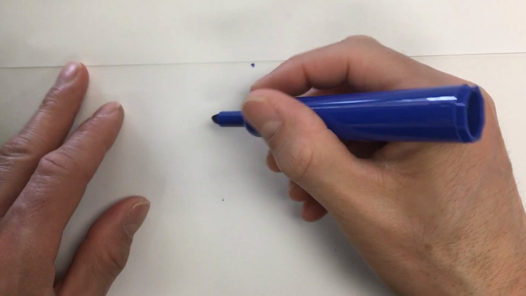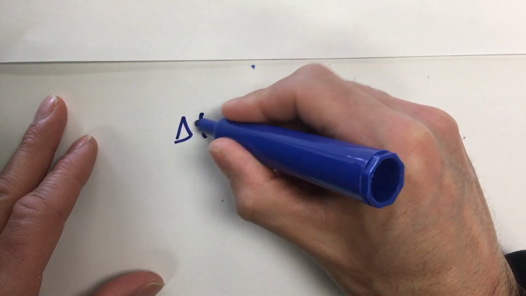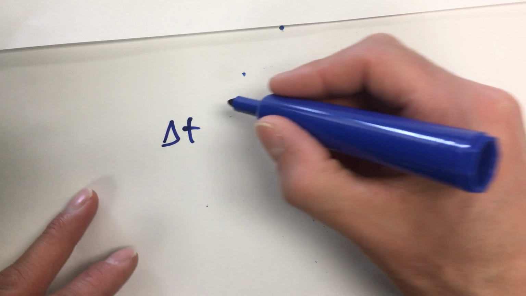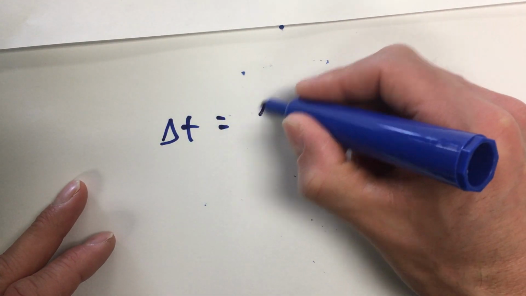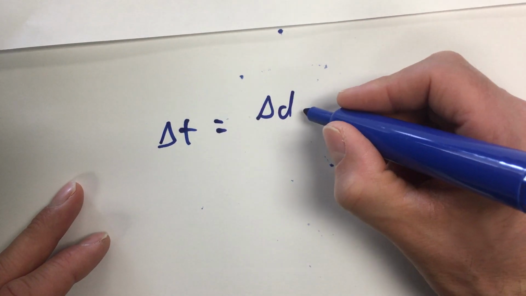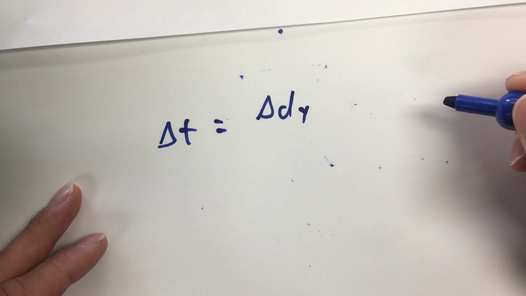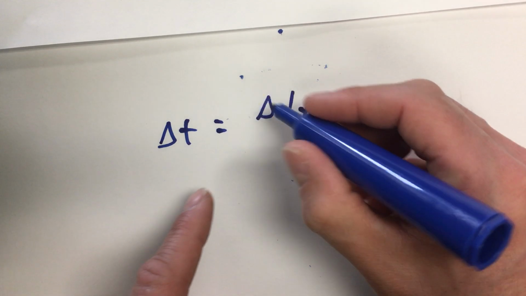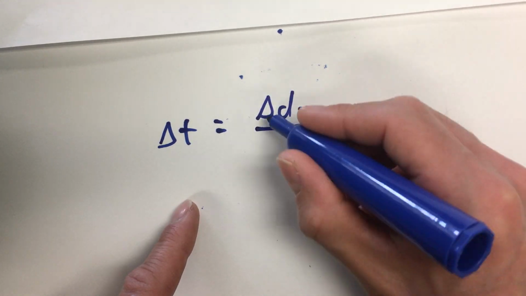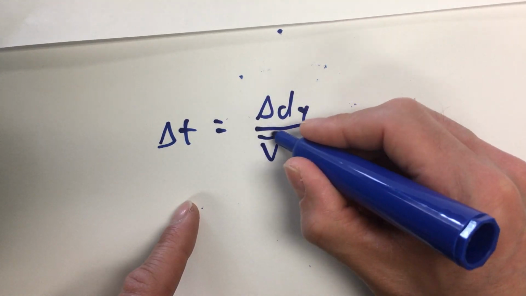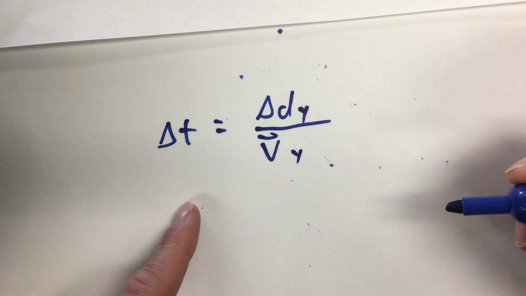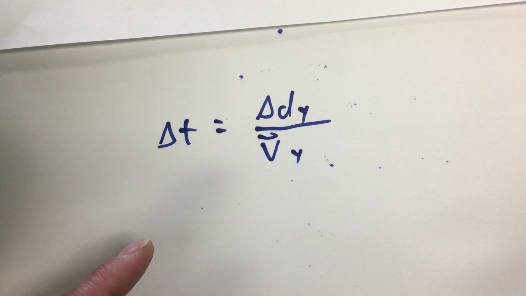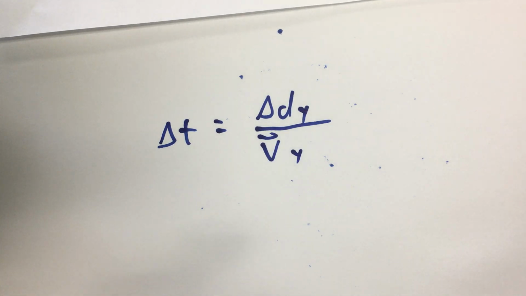So I can write it out like this. The time, delta t, the amount of time that it takes for him to swim across the river, is going to be equal to the displacement, and that's his displacement in the y direction. So I'm going to call north-south the y direction and east-west the x direction. His displacement in the y direction divided by his velocity in the y direction. Now his velocity in the y direction is just his 5 meters per second north.